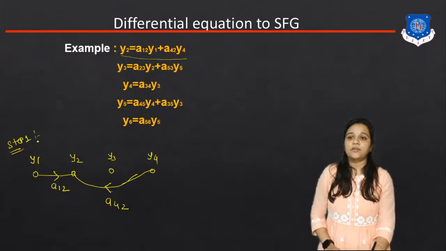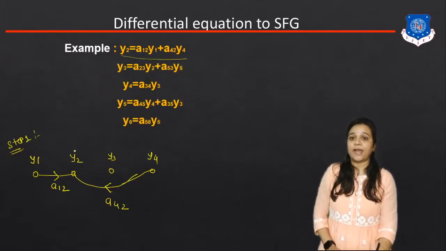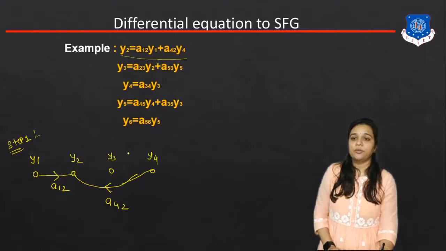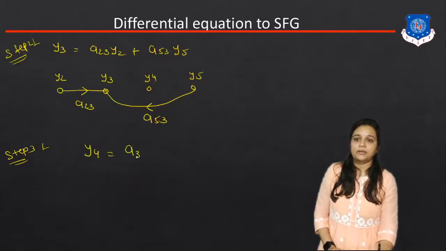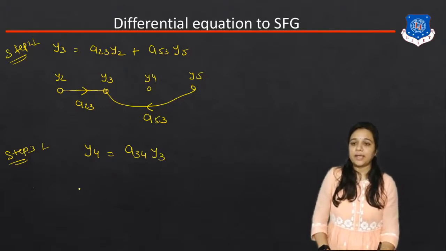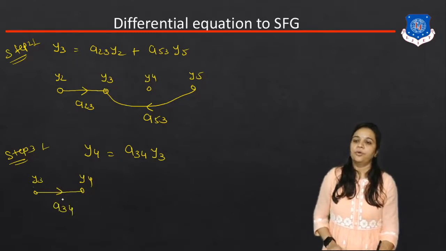The third differential equation is y4 equals a34 y3. Only one terminal is there: y4 is my output, y3 is my input, and between them the path gain will be a34.